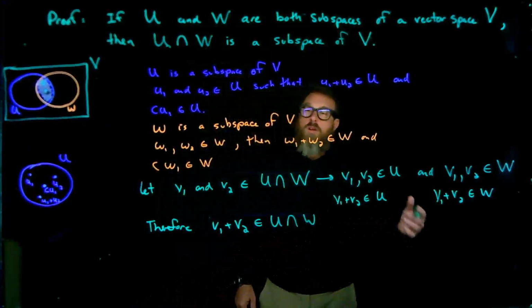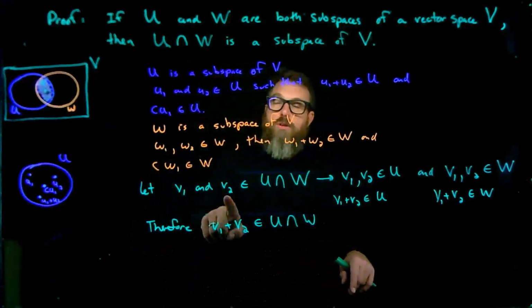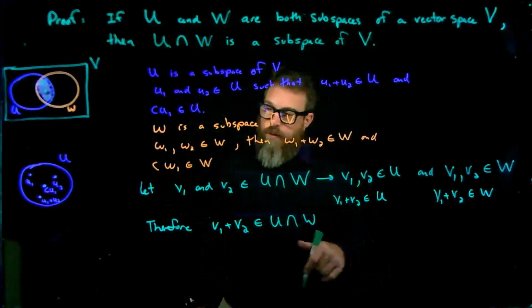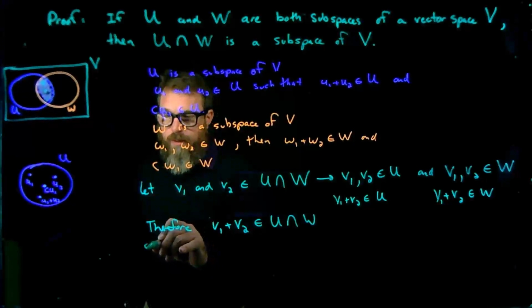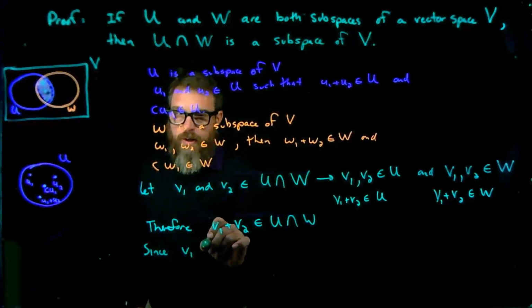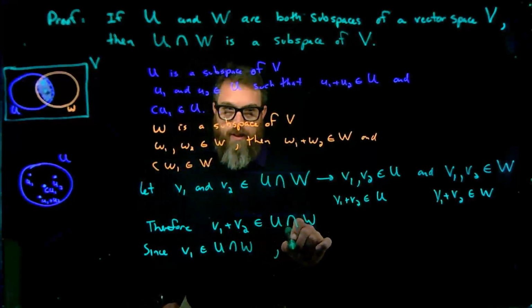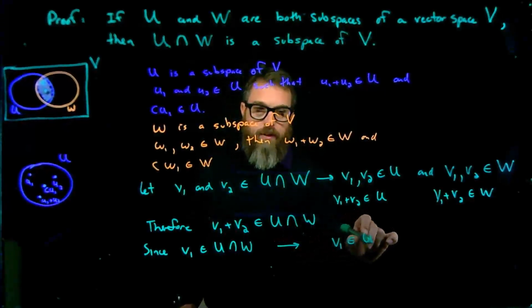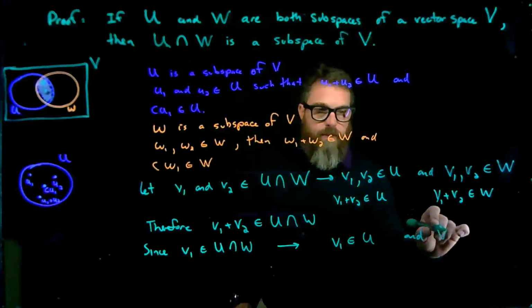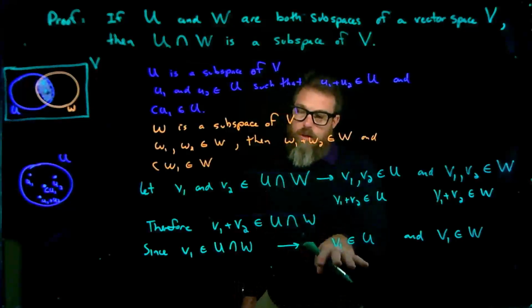Now I also have to show closure under scalar multiplication. I can say something very similar. Let's just go after V1. Since V1 is an element of U intersect W, this implies that V1 is an element of U and V1 is an element of W. I know I said it already, but I'm trying to do the argument separately.